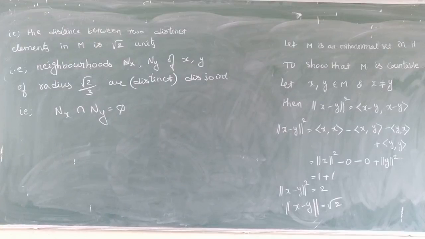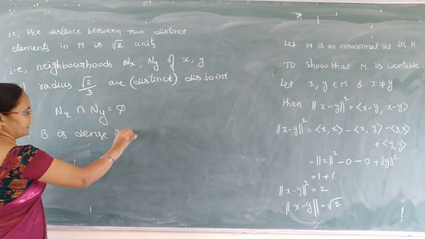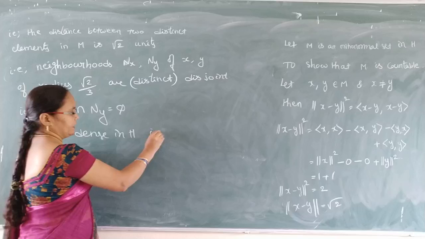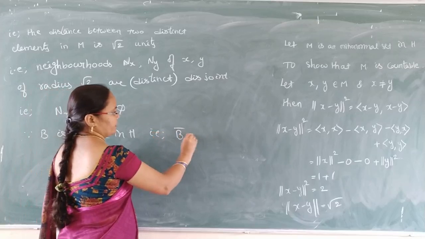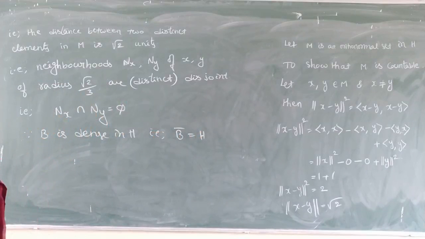Since B is dense in H, that is, according to the dense definition, its closure is equal to the main set H, so that B bar is equal to H. Then there is an element b, small b, belonging to the capital B, which belongs to Nx and Ny.